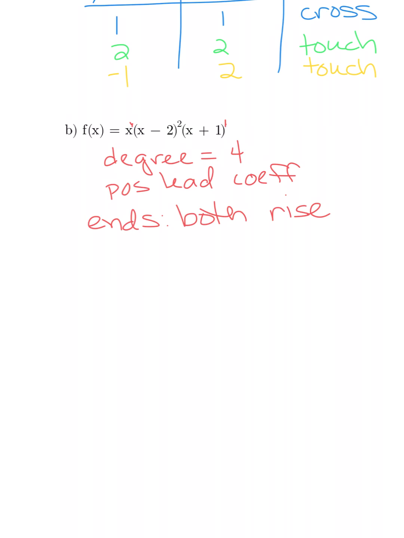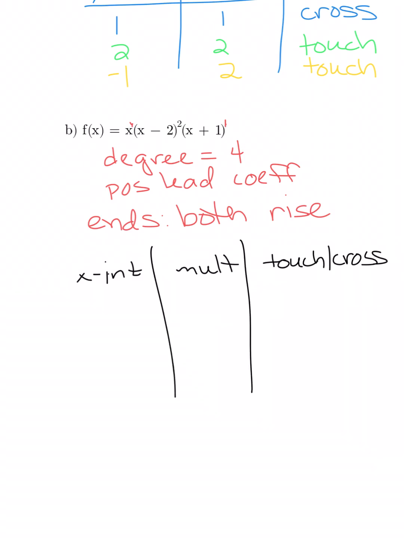Setting up a table, we're going to think about what the x-intercept is, what the multiplicity is for that x-intercept, and whether we touch or cross at that x-intercept.